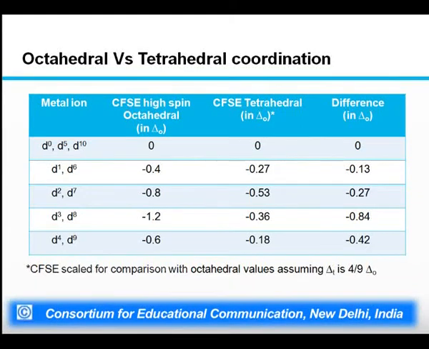If you look at the values, the CFSE for an octahedral case is always more than the CFSE for a tetrahedral case. In this table, the CFSE for tetrahedral has been calculated by assuming that delta T is 4 by 9 delta naught.